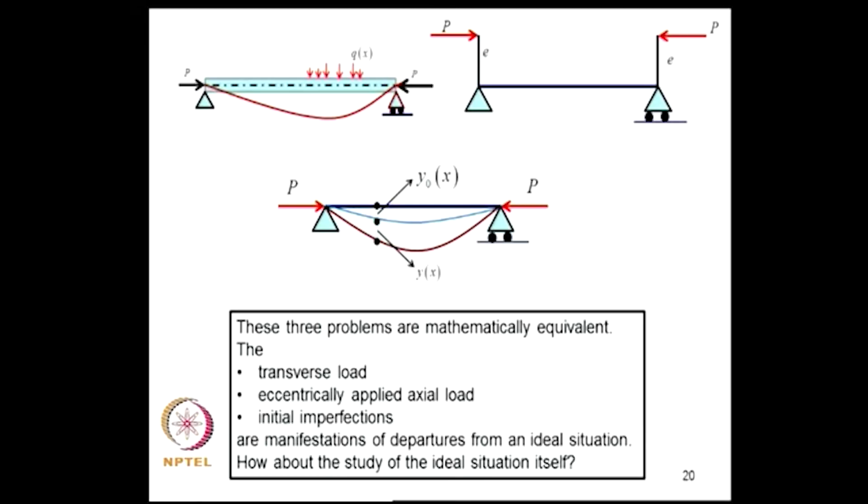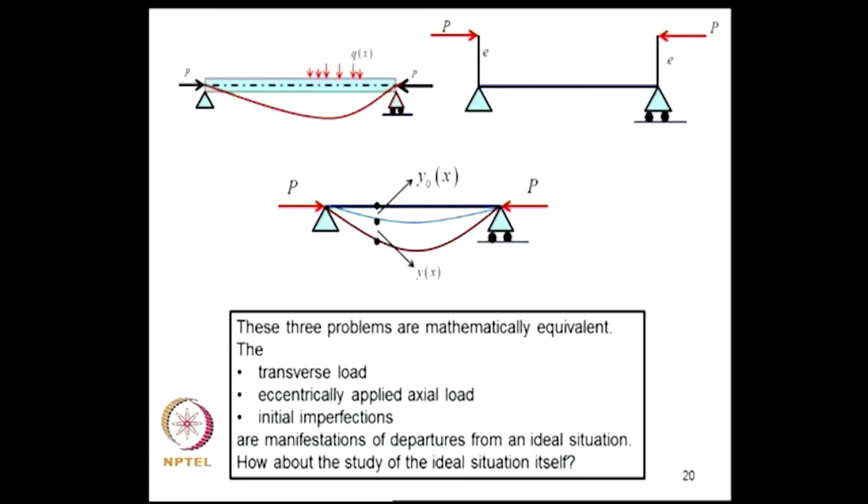An ideal situation would be a straight beam carrying no transverse loads, loaded by truly axial loads. There is no initial imperfection, no transverse load, and no eccentricity in applying P. That is the ideal situation. The departure from ideal, as we have seen, can create amplification of the response, especially when P is in the neighborhood of certain critical values.